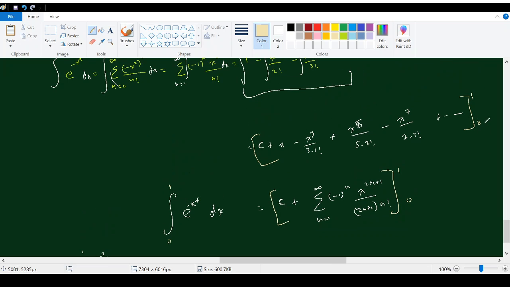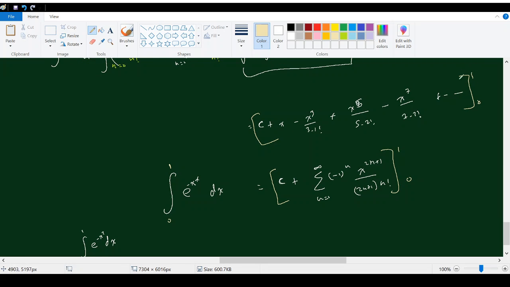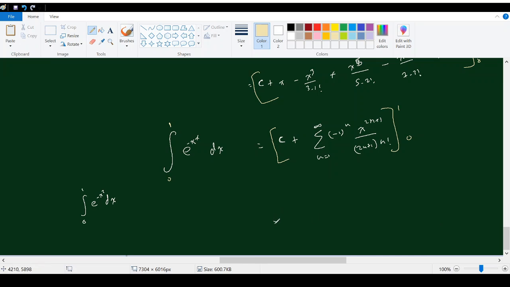Then now, since we have 0 as the lower limit, when you substitute the 0, all these terms will vanish. And also when you are doing the definite integrals, this arbitrary constant will also vanish. So the only effect will come from this upper limit. Then when we substitute the upper limit, we get terms like this, right? 1 over 10 minus 1 over 42 plus 1 over 216, and likewise.